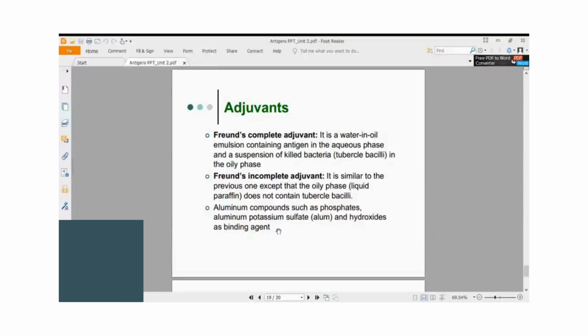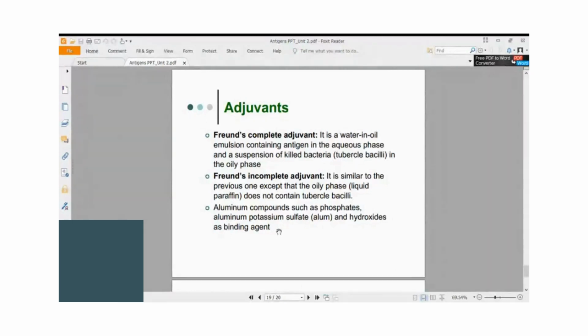If you are vaccinated on your upper arm, that arm will become very painful, and for about a week you will not be able to lift that arm. And if you are vaccinated on your buttocks, for one week you will not be able to sit on that buttock. It will be so painful because that vaccine is a very thick suspension. It forms an inflammation in that area.